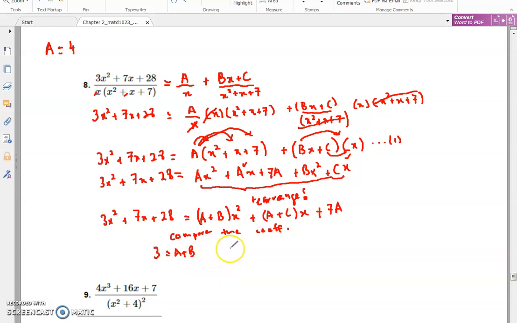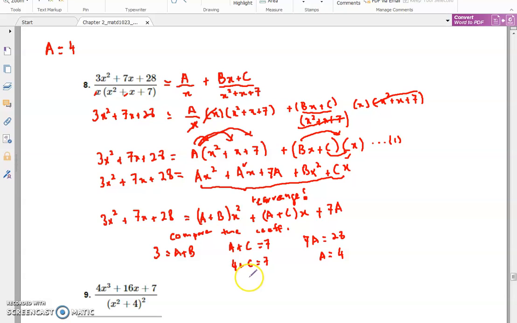And another comparison that you can do here is a plus c x. So you get here 7, so it will be a plus c is equal to 7, and 7a is equal to 28. Basically we have done this calculation, which is we already know that the value of a is equal to 4, because 28 divided by 7 is supposed to be 4. Then we can replace the value of a here with 4, so it will be 4 plus c equals 7.